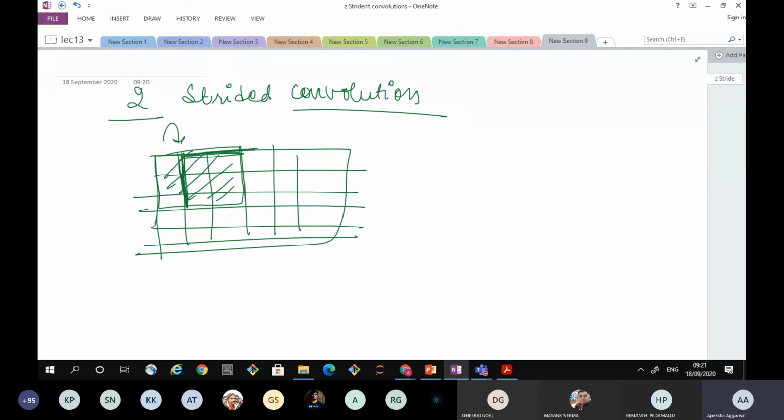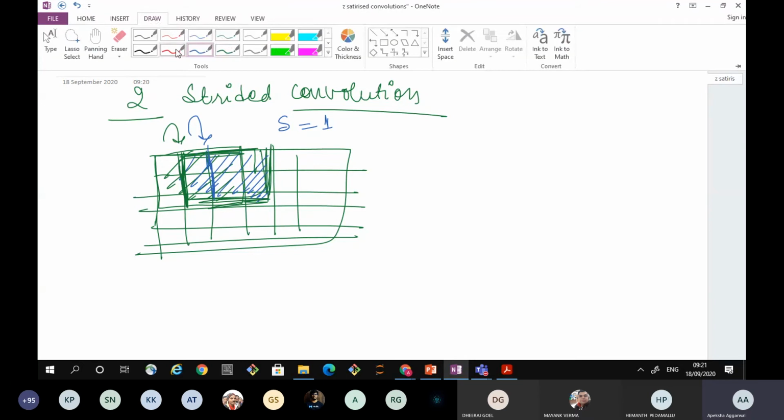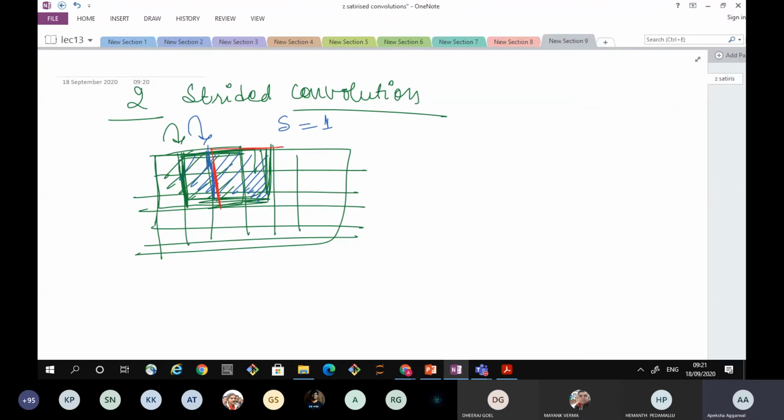I will draw it with another pen so that it is clear. My second position is this one. I'm sliding it by 1, so S equals 1. That is, I'm moving it 1 pixel to the right, and my new convolution would be over here. This is the way I'm moving. This is called S equals 1. That is striding: I'm sliding 1 pixel to the right every time.